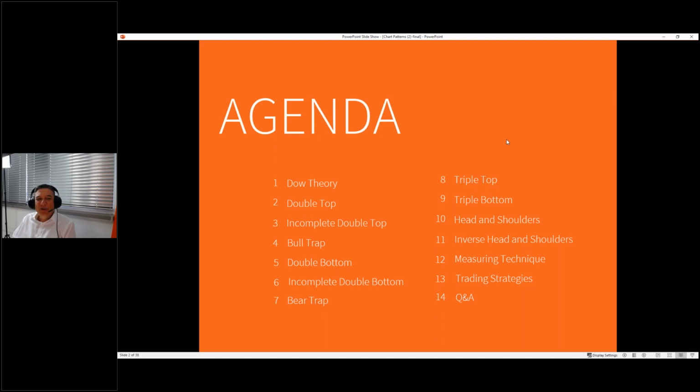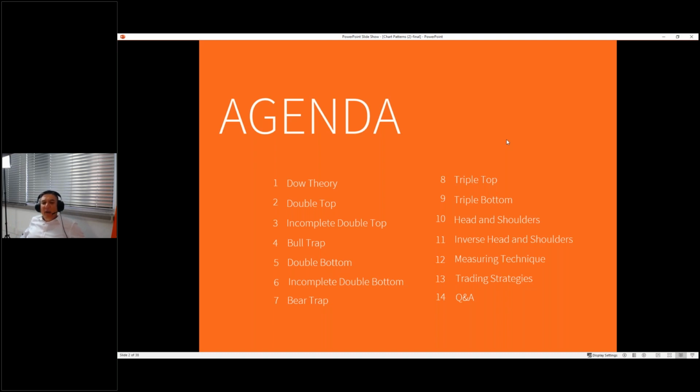Then we will move on to triple top, triple bottom, and then we're going to explain head and shoulders. Head and shoulders is considered one of the most reliable reversals in technical analysis. And then at the bottom, we call it inverse head and shoulders.